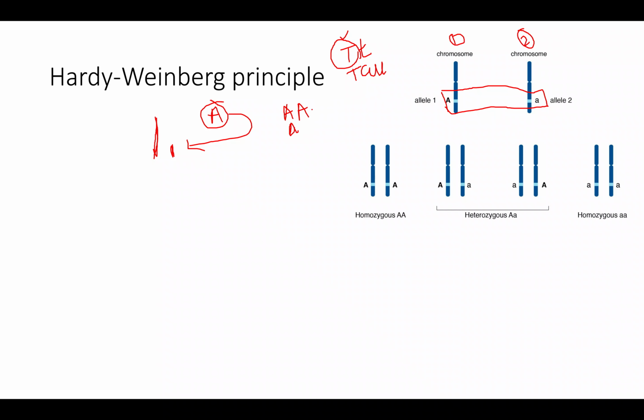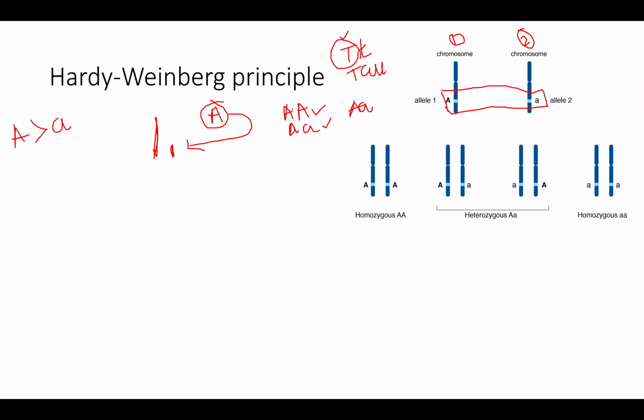If it is capital A, it is tall, because let's say capital A is able to dominate small a. If there are two small a, then that is short. If there is capital A and small a, then it is still tall because capital A is able to dominate small a.